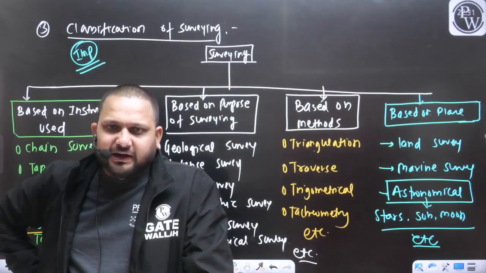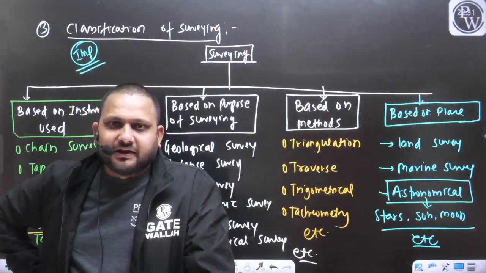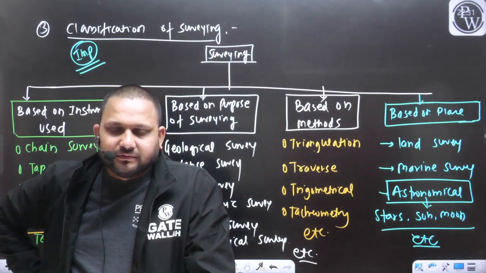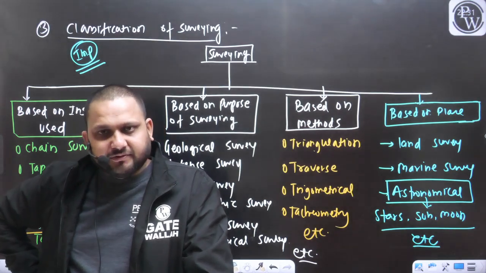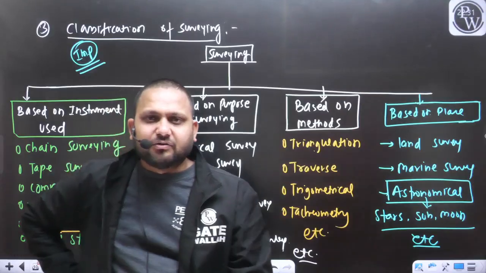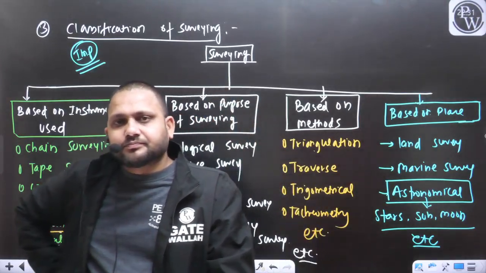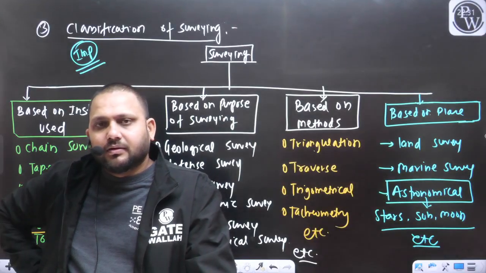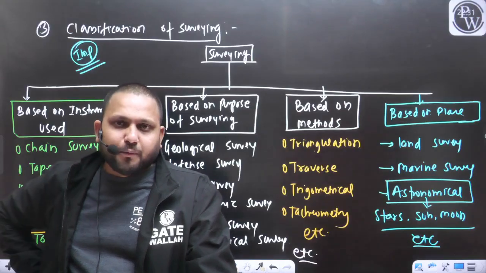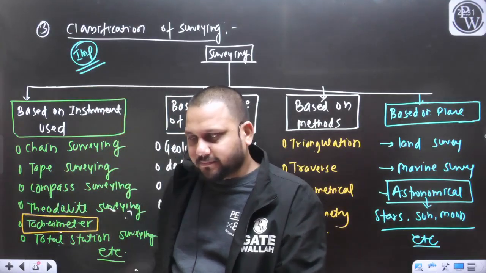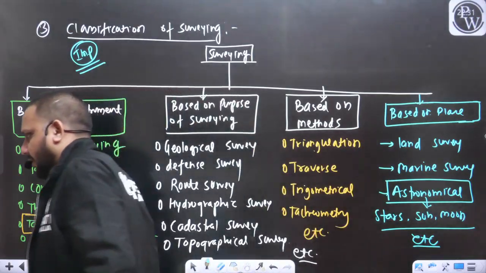That is very logical, scientific and relatable also. Yes or no? That's why I am saying be interactive in the class. You are going to understand this subject at the next level. So that's why interaction is important. Yes. Now let's move further.